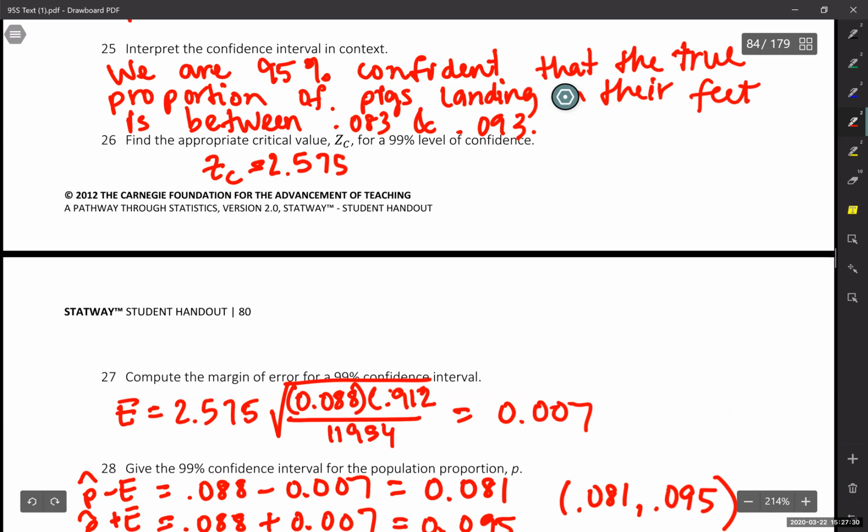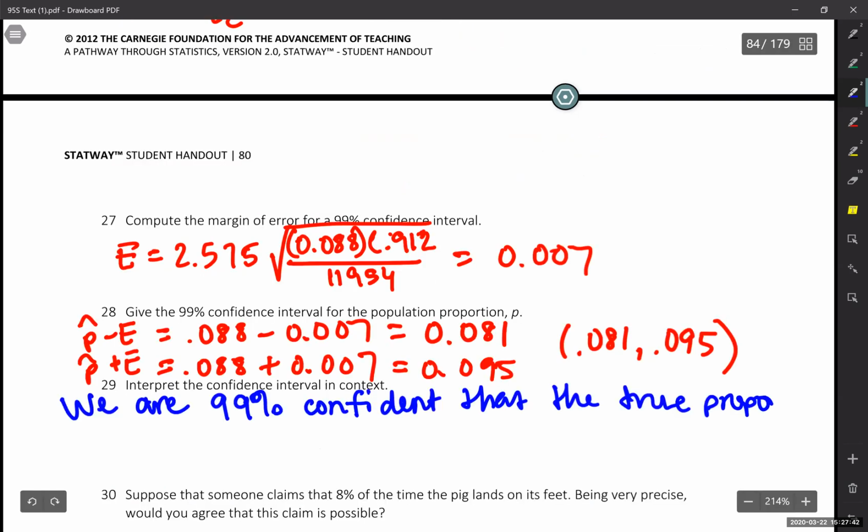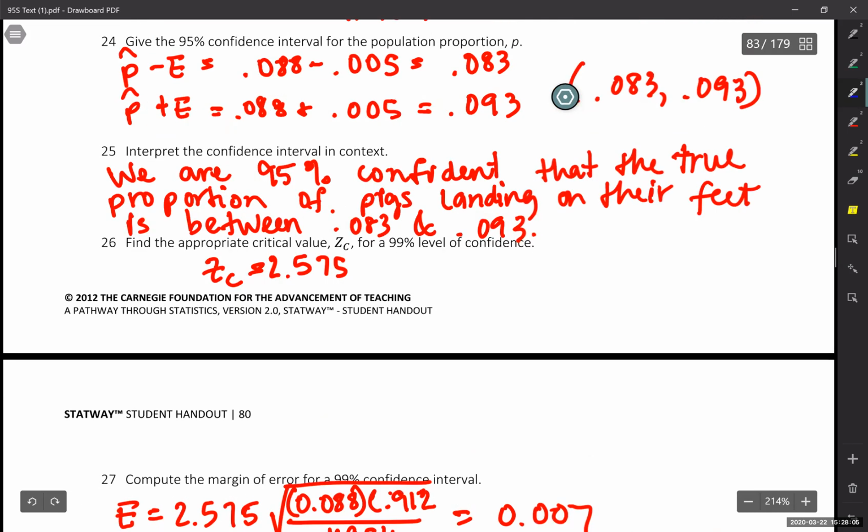So we are 99% confident that the true proportion of pigs landing on their feet is between 0.081 and 0.095.